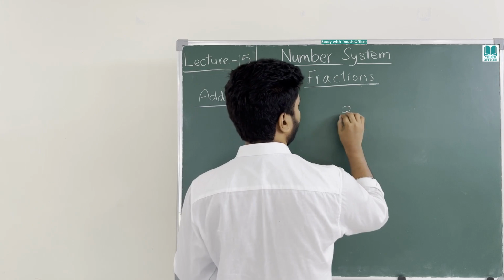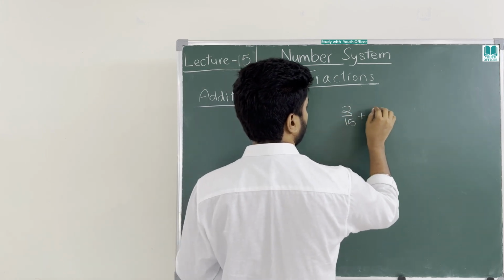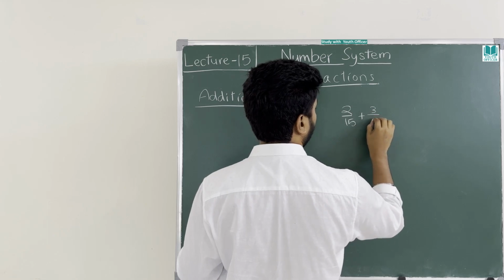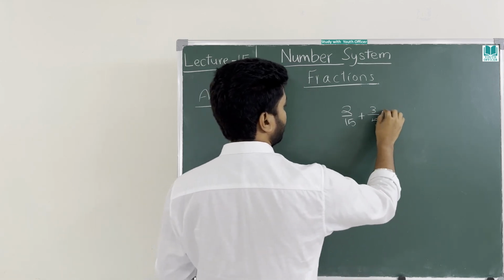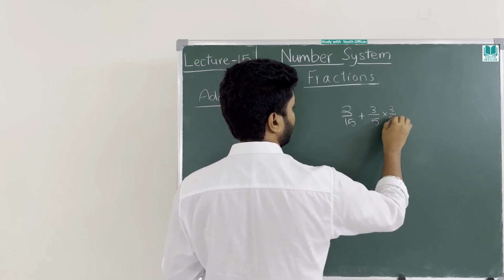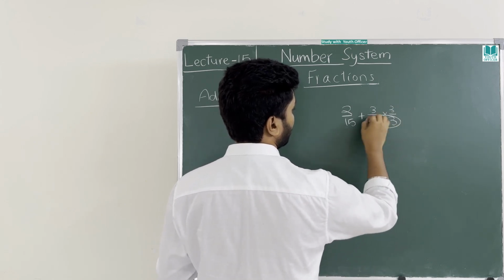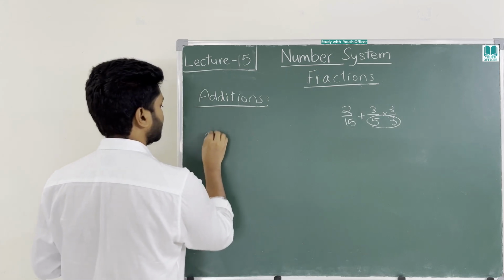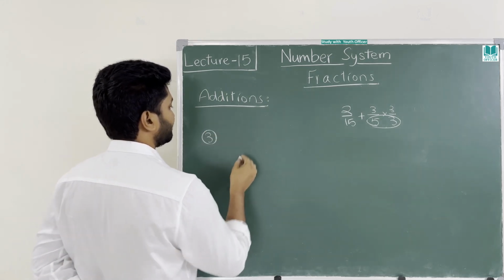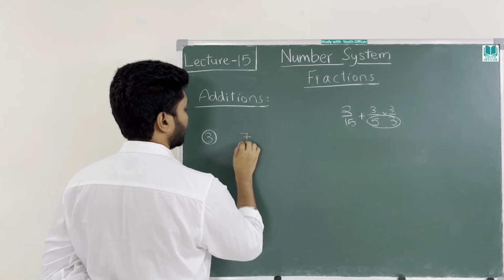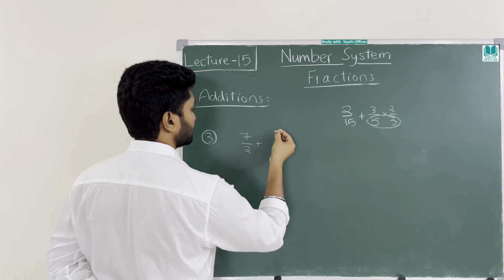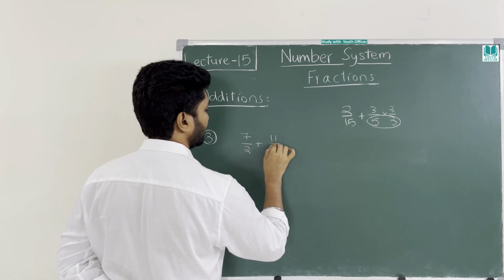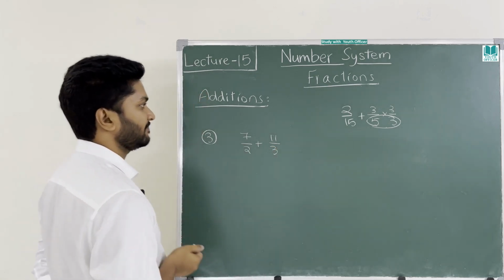See, if there is 2 by 15 plus 3 by 5, what did you do? You just multiplied 3 here and 3 here, so that this will become 15, right? What if I give you one more example? 7 by 2 plus 11 by 3. What will you do now?